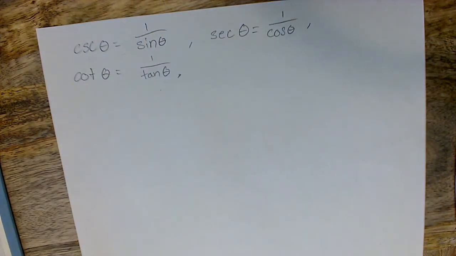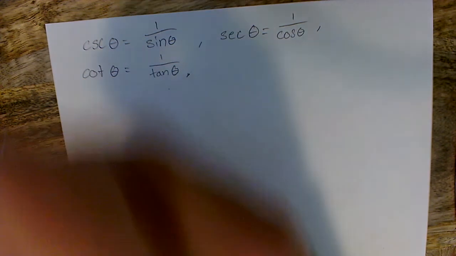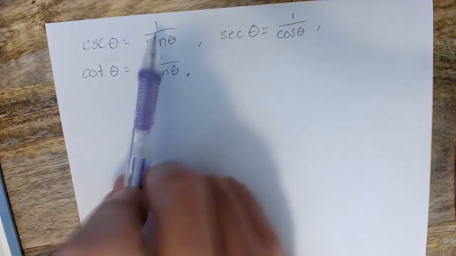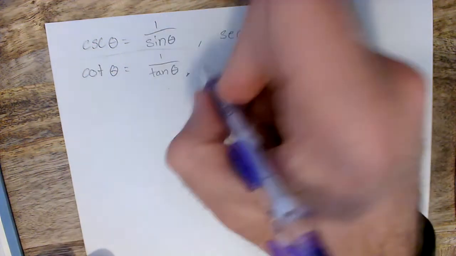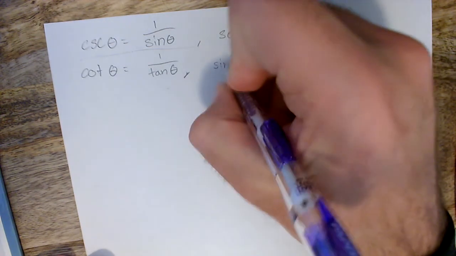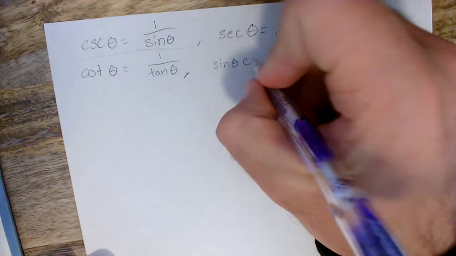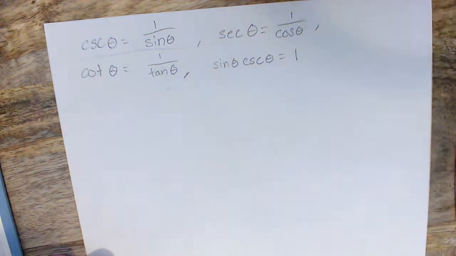Okay. So there's also some other things we can talk about here. If I take this top one here, cosecant of theta is 1 over the sine of theta, if I multiply both sides by sine theta, I get sine theta times cosecant of theta is equal to 1.